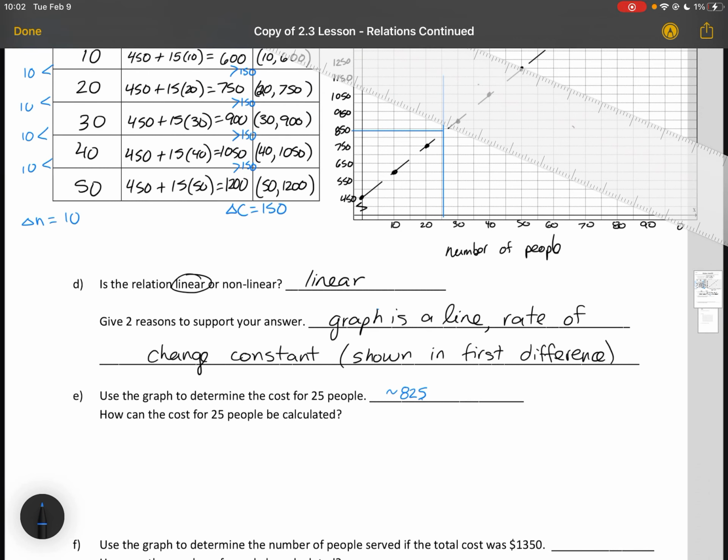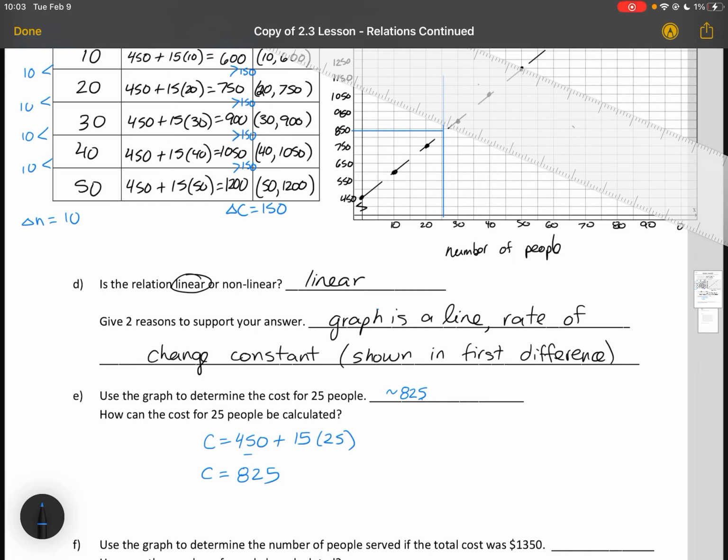And then I can actually check and see if I can calculate it. So using the same approach I did in the table of values, my total cost is going to be $450 plus $15 times 25 people. Working that out gives me an actual cost of $825, which was the same as what I estimated on my graph.